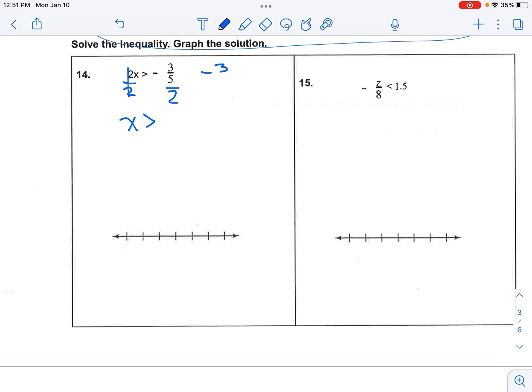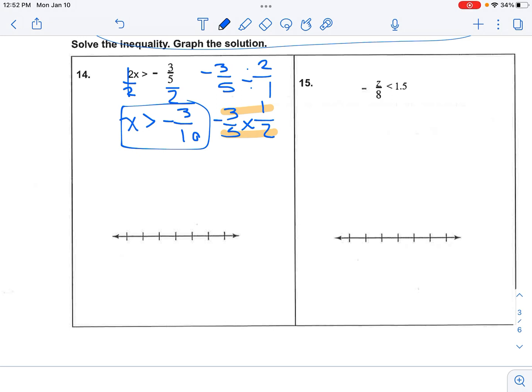Now I'm going to solve negative 3/5 divided by 2: negative 3/5, keep it, switch it, flip it, times 1/2. So that would be negative 3/10. If I multiply 3 times 1, I get 3, and 5 times 2 is 10. That's how I got negative 3/10.